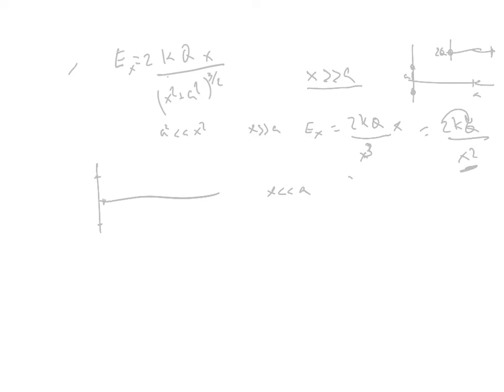If x is very, very small compared to a, we are here. So we do the same technique. If x is very small compared to a, it means that a is very big compared to x. So a squared elevated to 3.5 will be a cubed. So in this limit, Ex will be 2kq x divided by, I neglect x compared to a squared, so only a squared elevated to 3.5.